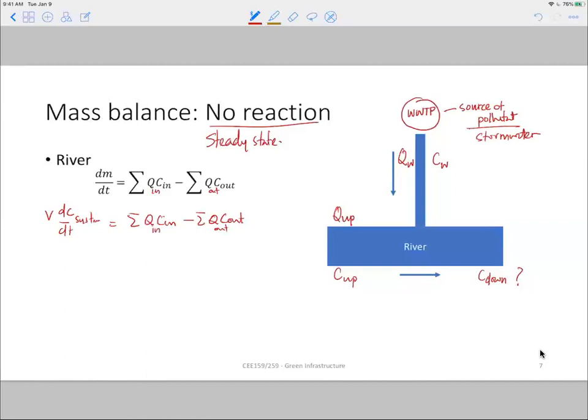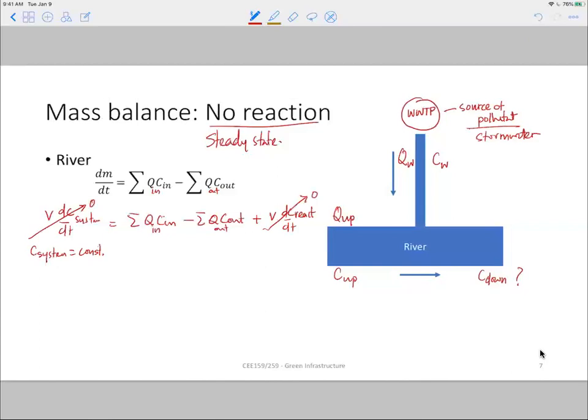Then there is a reaction term, but because there is no reaction, we can call it 0. If we write it the way we used to before, V dC over dt, reactions, we know there is no reaction, so this becomes 0. And because it's a steady state, the concentration of pollutants in the system is constant, so this derivative would also be 0.